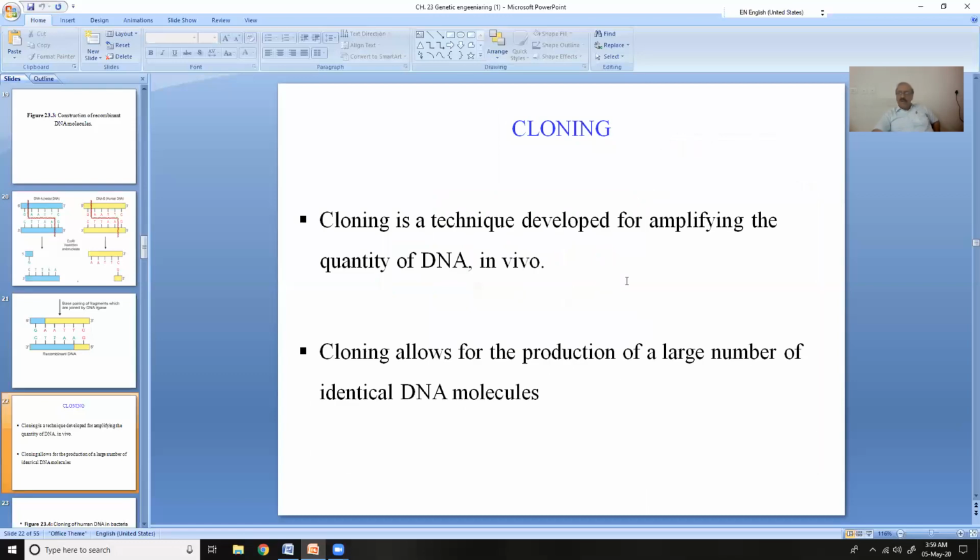Now comes another important term, that is cloning. What is cloning? Cloning is a technique developed for amplifying the quantity of DNA in vivo.